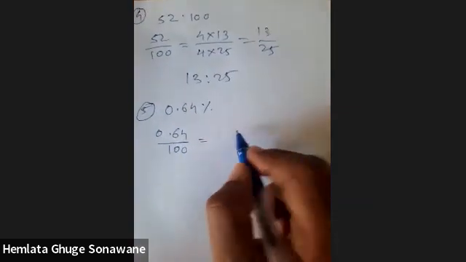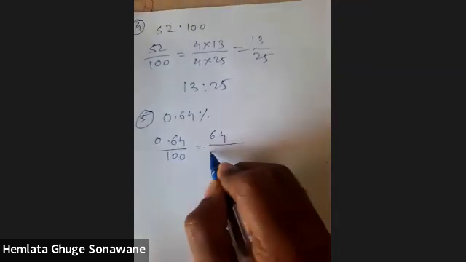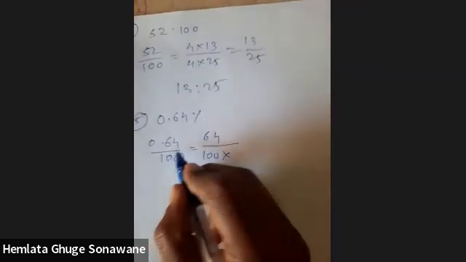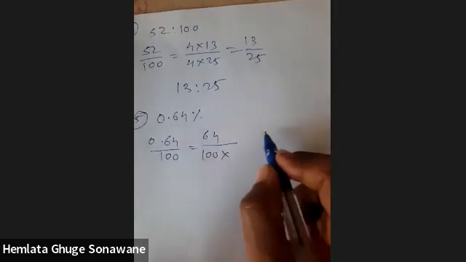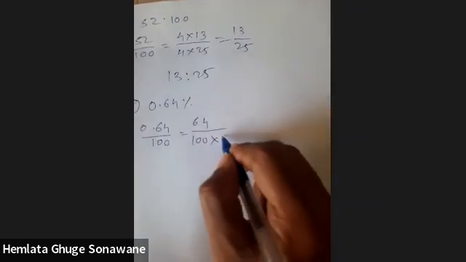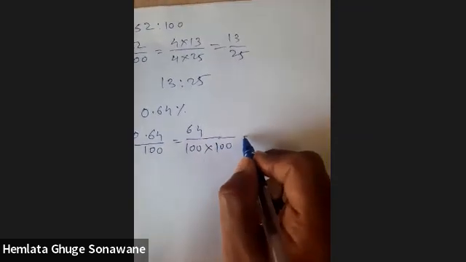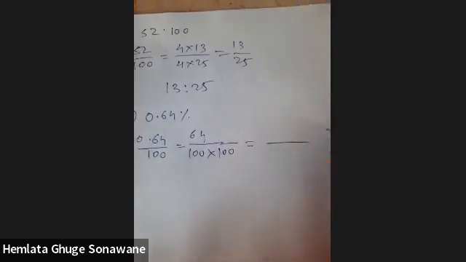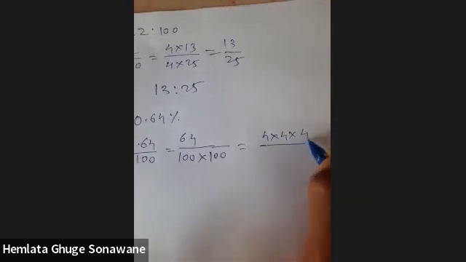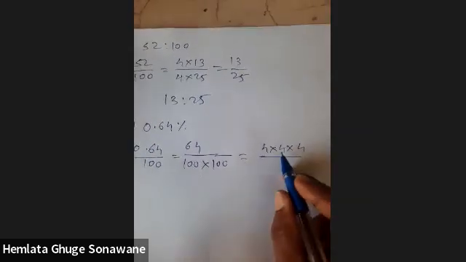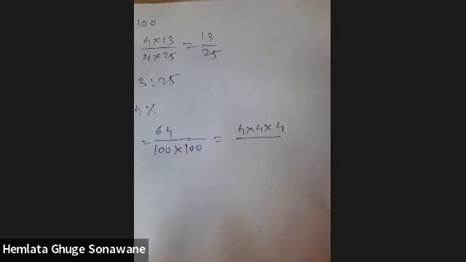We can simplify this as 64 upon 100 into 100. Now we'll simplify 64 as 16 fours, we'll write 4 fours are 16, 16 fours are 64.